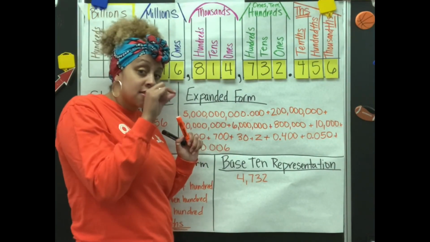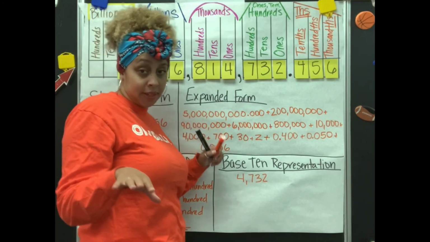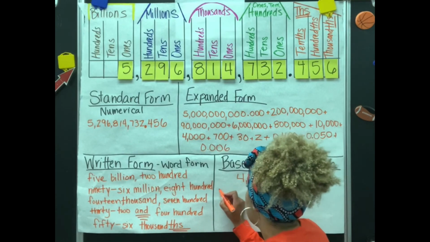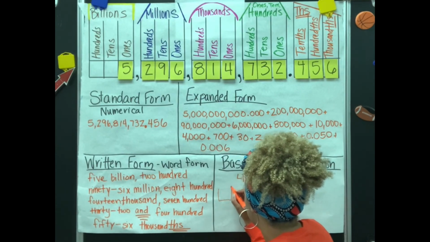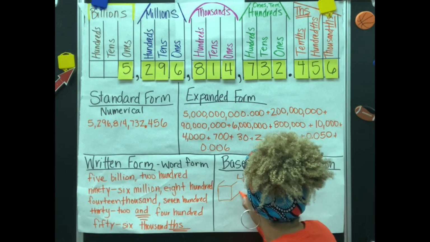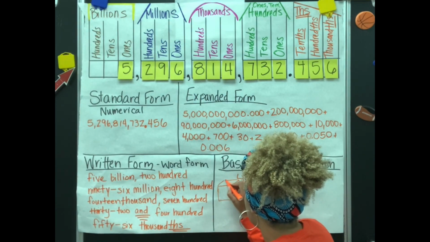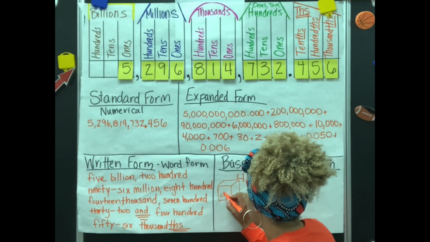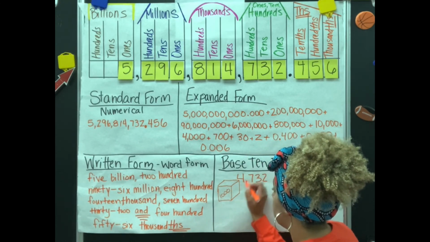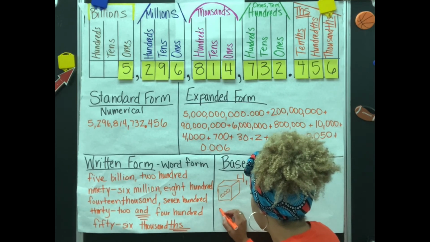But we're not gonna take the time to draw all the little things. We don't got time like that. So we're gonna draw 1,000 box, meaning we're gonna draw a cube. And this is worth 1,000. Well, how many do I need? I need 4, so I'm gonna draw 4 of them.